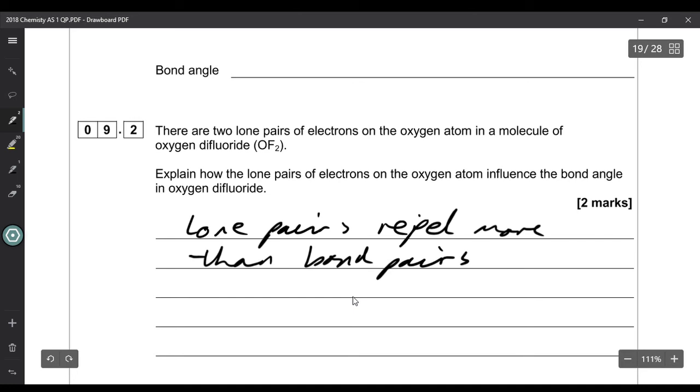of electrons. Therefore, what's going to happen is the bond angle will be lower than we normally get in a regular tetrahedral.